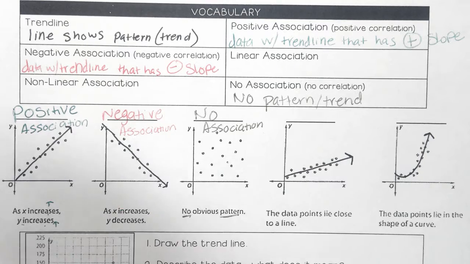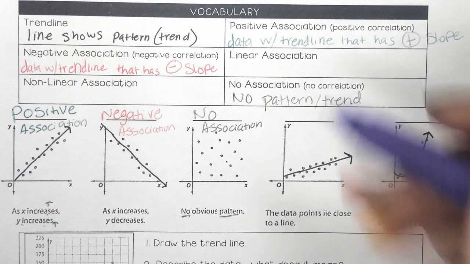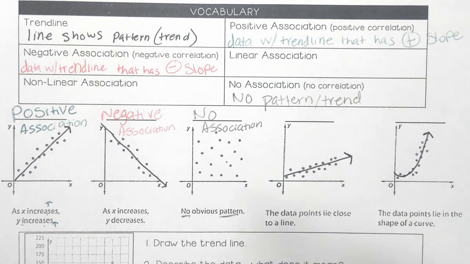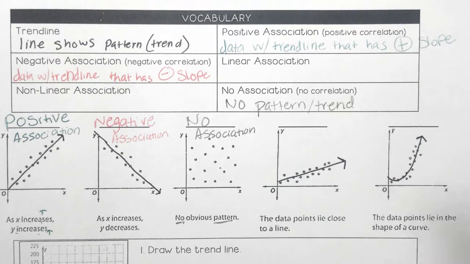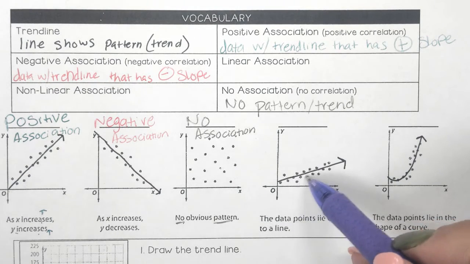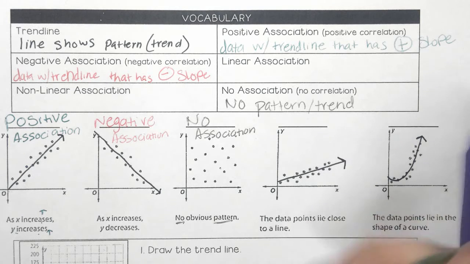Now we'll have a linear association. Because I skipped over some things. Anyways, what we notice is that these dots are really tight together, and when I drew my trend line or line of best fit, they seemed to form kind of a straight line. I was able to draw a straight line.